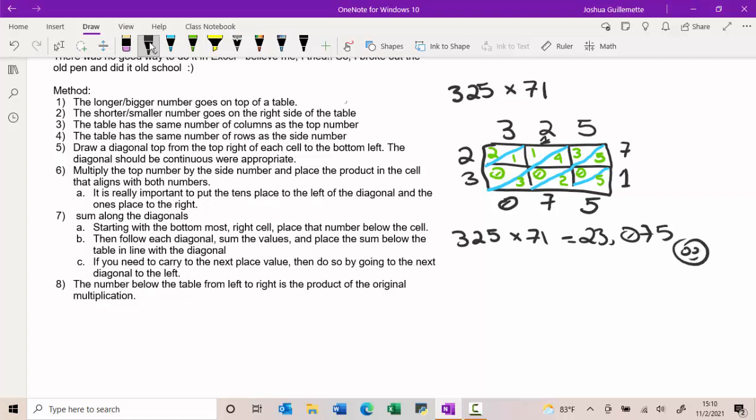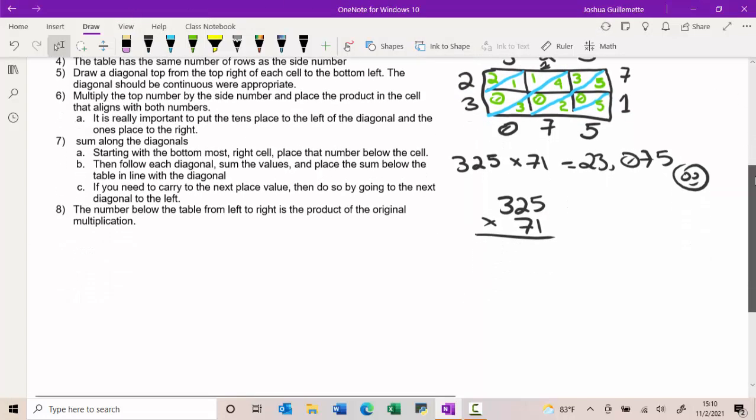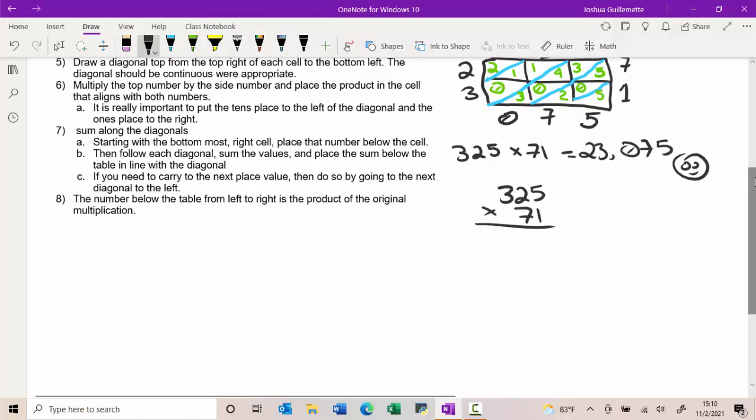And of course, we could check that really quickly by doing it the normal way that we do it, right? We could take the 325 and multiply it by the 71. I'm going to move this up just so we can see it a little bit better, right? So 1 times 5 is 5. 1 times 2 is 2. 1 times 3 is 3. 7 times 5 is 35.